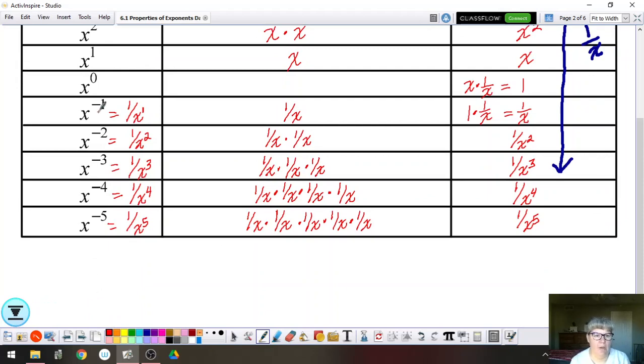So again, when you have a negative exponent, you write the reciprocal and the exponent turns positive. Anything taken to a 0 power is going to equal 1 every time.